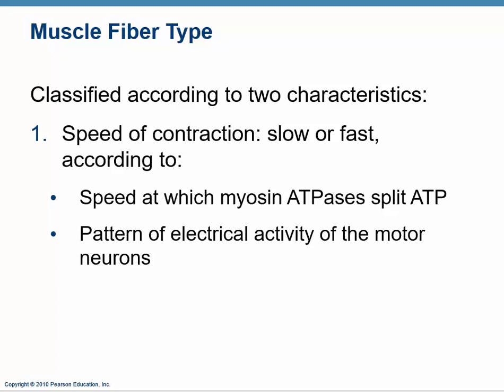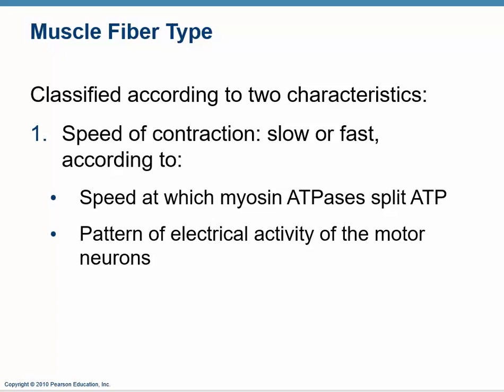One way is the speed of contraction, whether they're fast or slow twitch fibers. And really, that's how fast does the ATP split and energize the myosin head. If that's a slow process, then it'll take longer for the contraction to happen.